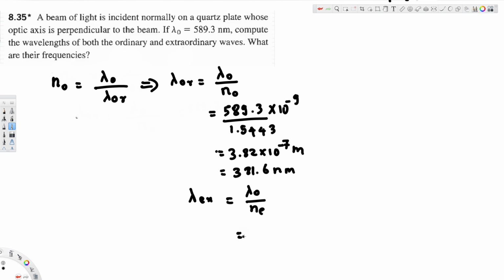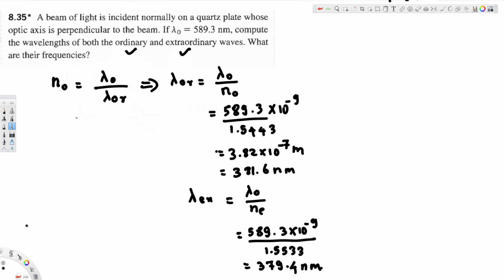If you look at the table, lambda naught is going to remain the same, 589.3 times 10 to the power of minus 9, and the index of refraction for extraordinary is going to be different, you will get 1.5533, before we had 1.5443, right? So this is going to give us 379.4 nanometers. So we have done the first part. The first question is asking to find the wavelengths, ordinary and extraordinary, and we found that.